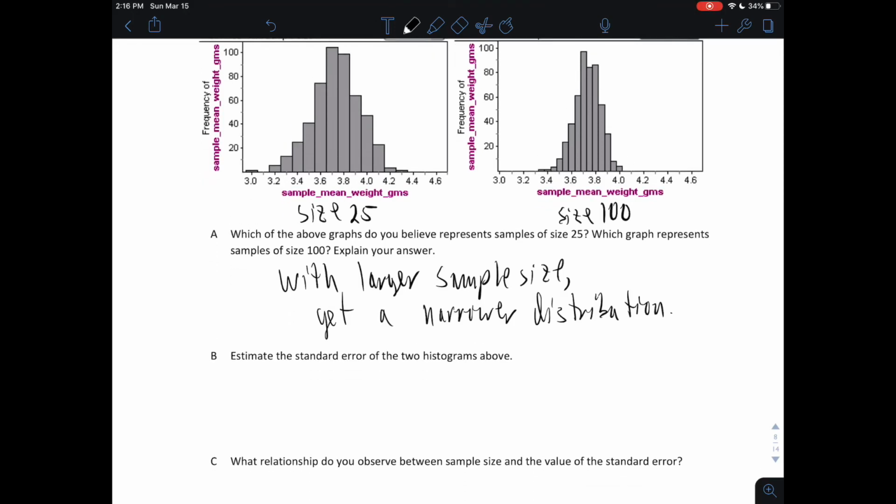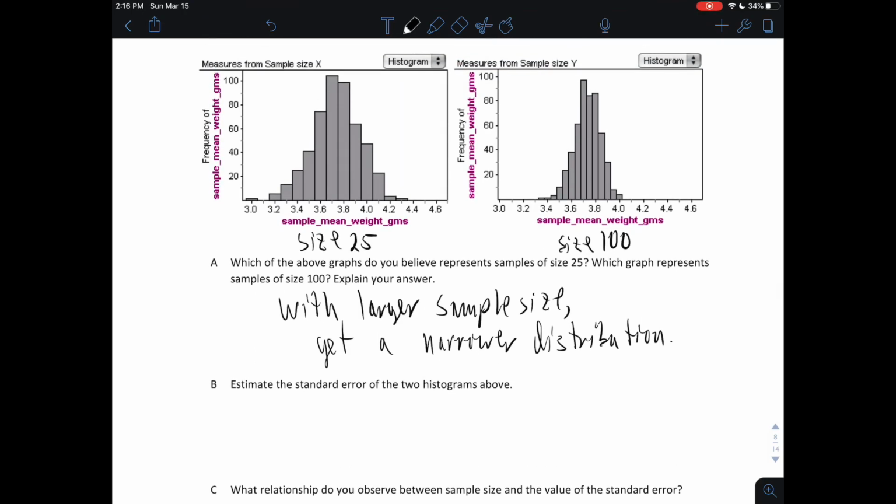Part B. Estimate the standard error of the 2 histograms above. Just like we saw a little bit ago, it might make sense if we think of a normal distribution with these, as these look approximately bell-shaped. And maybe we could just estimate where the inflection point, where the graphs are changing from concave down to concave up. But what we should at least expect is there would be a smaller standard error for the size 100 graph.